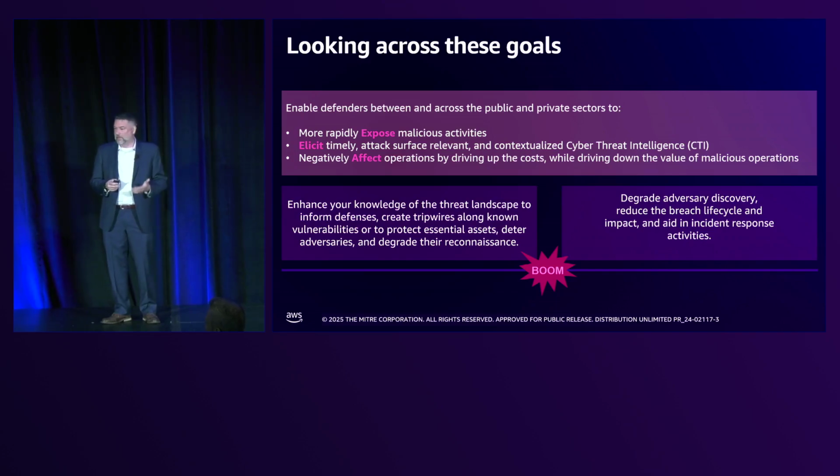You're looking to elicit those timely attacks, surface relevant elements, and do that in terms of CTI. So in terms of an adversary, you have an idea early what they're doing, and later in their attack life cycle, you have an idea what they likely will be doing. And then you're looking to negatively affect the elements by driving up their costs.